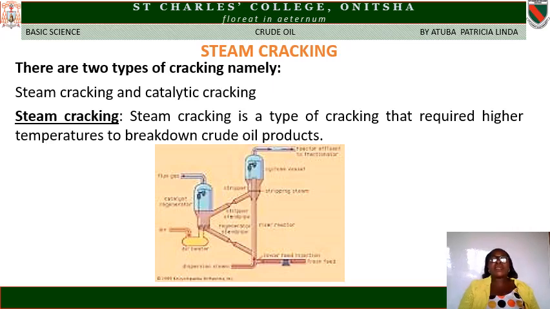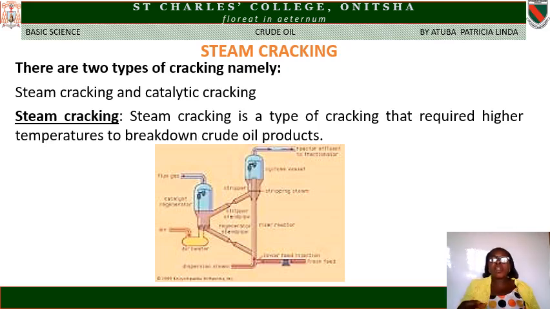Steam cracking is a type of cracking that requires higher temperatures to break down oil products. Look at the diagram. It is called the steam cracking process.